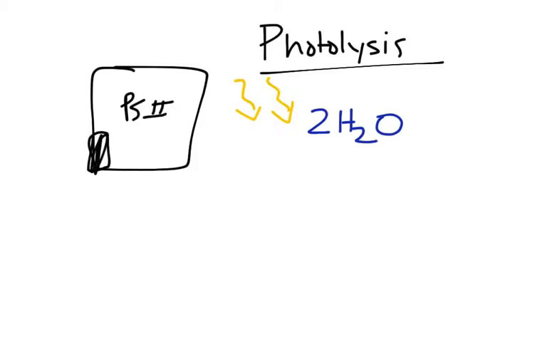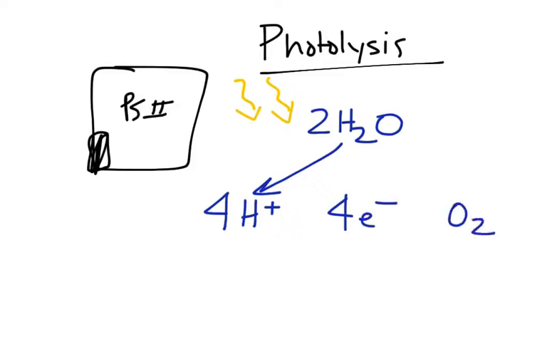I don't really care where exactly it is. But what happens is the water gets blown apart by these 2 photons of light. The products are 4 protons, 4 electrons, and an oxygen molecule. Okay? So in photolysis, the 2 photons of light hit 2 molecules of water and smash them apart, making 4 electrons, 4 protons, and an oxygen molecule.